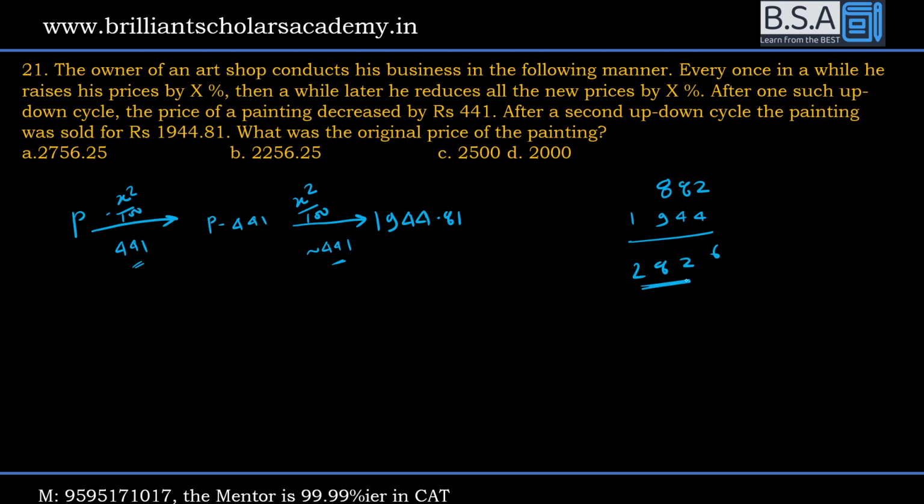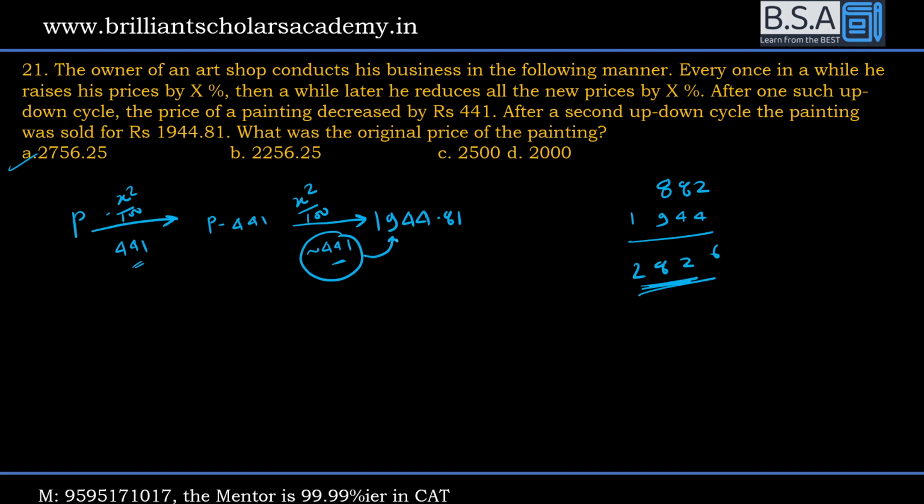6, 12 carried over 1, 8, 2. Which answer option? A. But doesn't it seem unfair? It is so far from the answer option given to us. Because in this case, 441 is not a very small number compared to 2000.